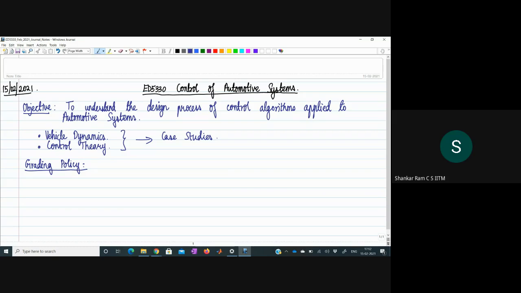Continuing on the grading policy for this particular course, 50% of the course grade will be through homework and projects. As usual, I will assign the homework either in class or through Google Classroom, but I will announce it well in time so that you have at least a week to do that.